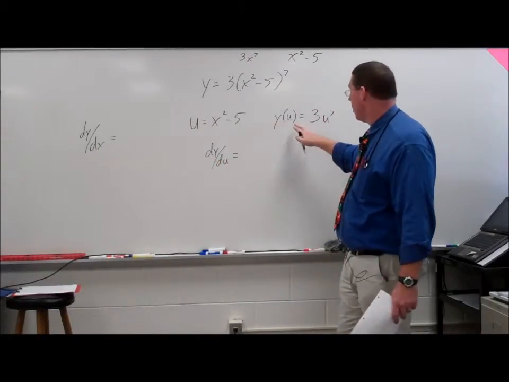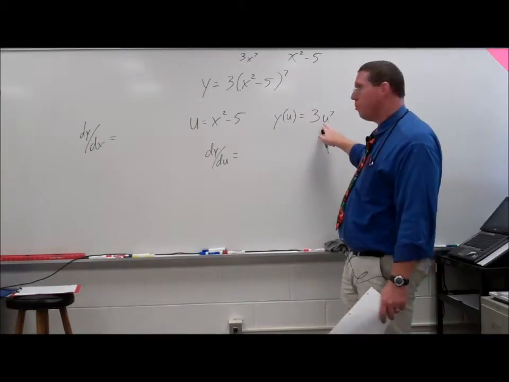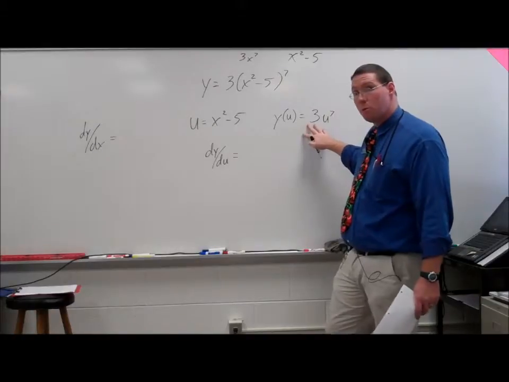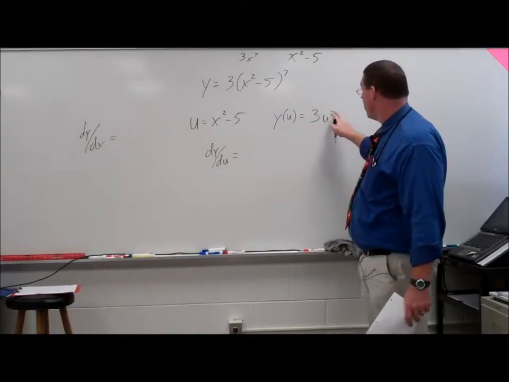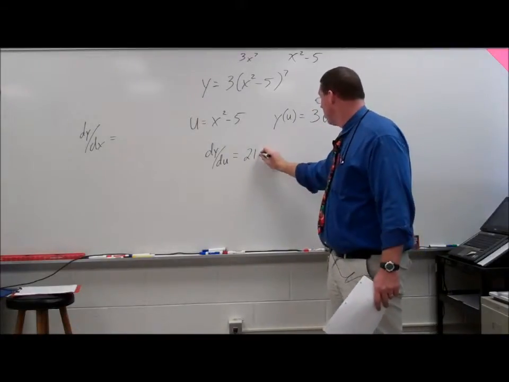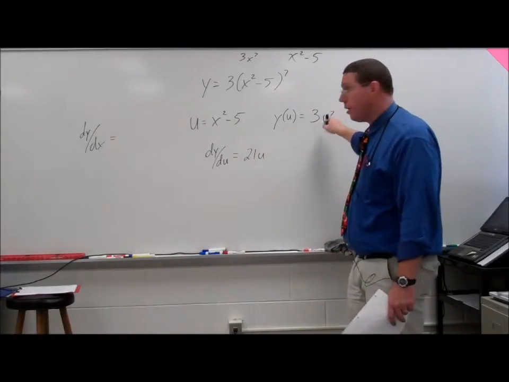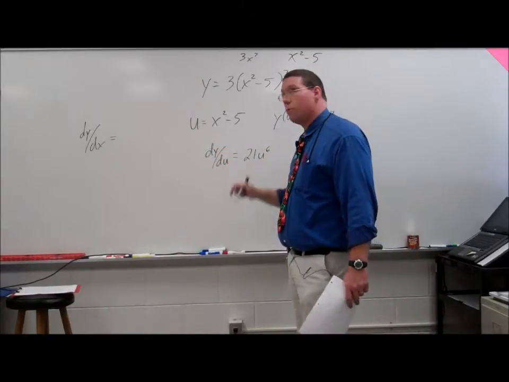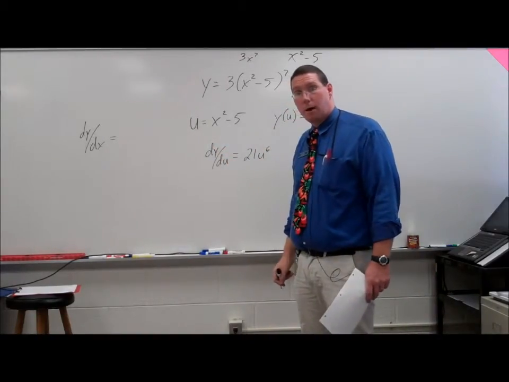That's over here. Output of y, input of u. And we want the derivative. And all we have to do is apply the power rule. So, power rule, 7 times 3, 21. u, reduce the power by 1, goes down to 6. So the derivative, dy du, is 21 u to the 6th power.